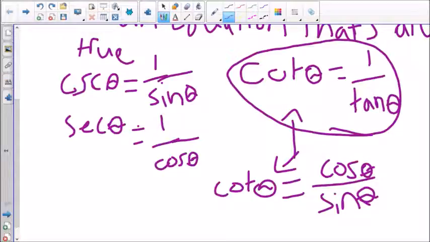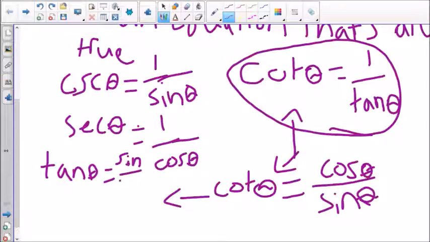This is also vice versa, so you could also write tangent theta equals sine over cosine theta.